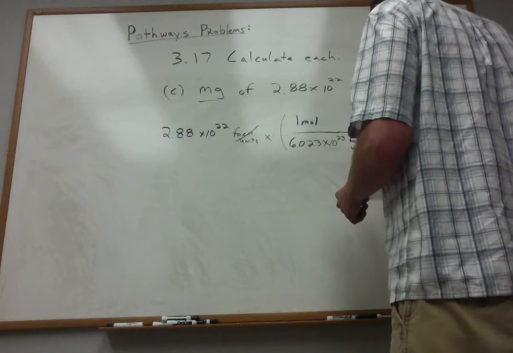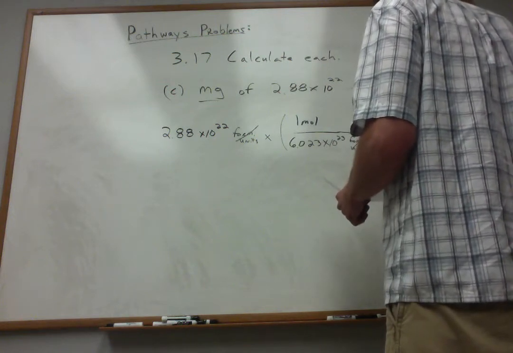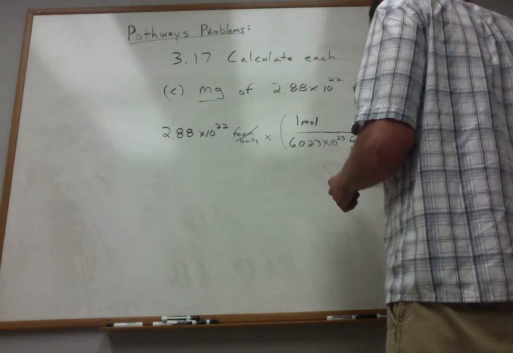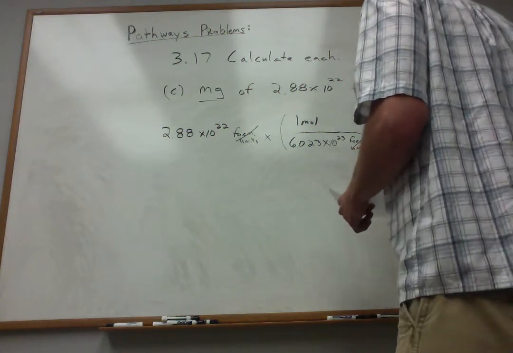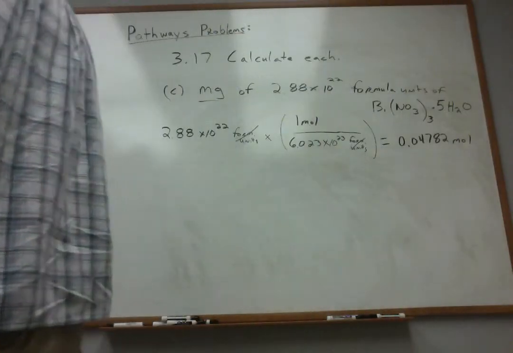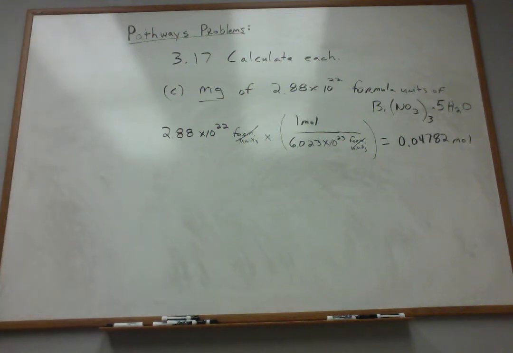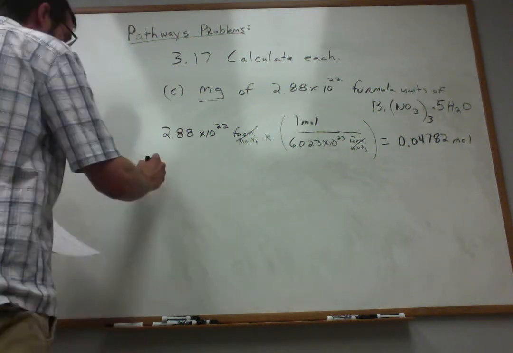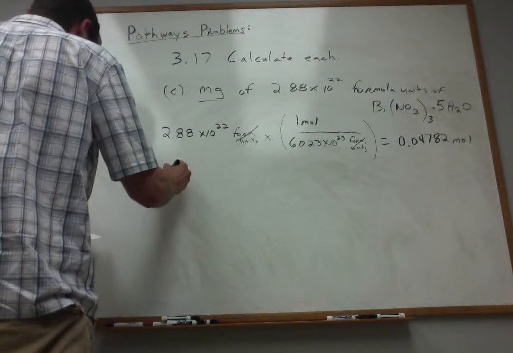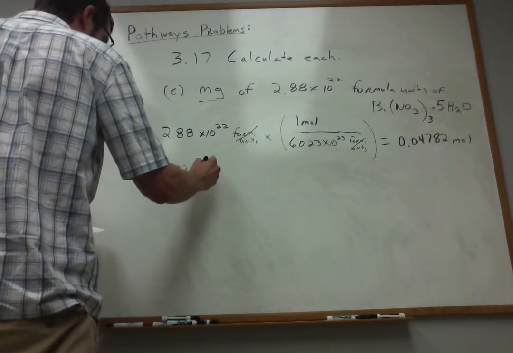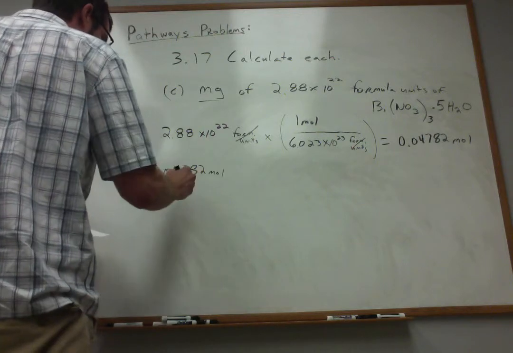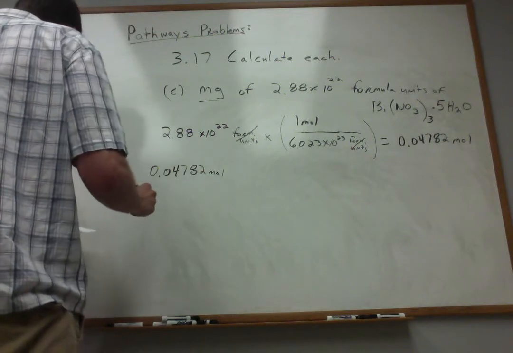And this allows me to quickly decide that I've got 0.04782 moles of my bismuth nitrate pentahydrate. So I take that number, now that I've converted it to my mole counting units, and figure out what in the world I am going to do with it.